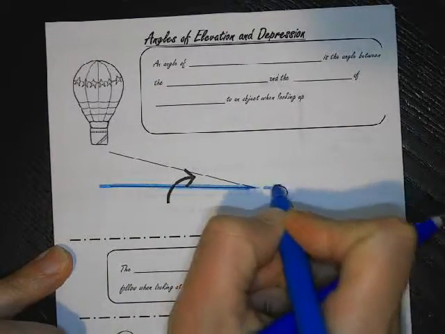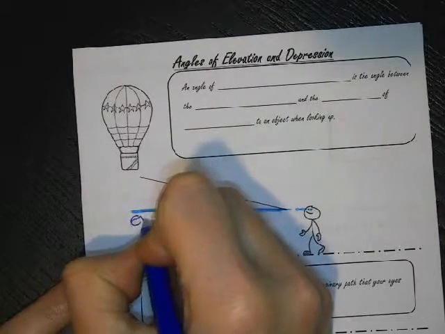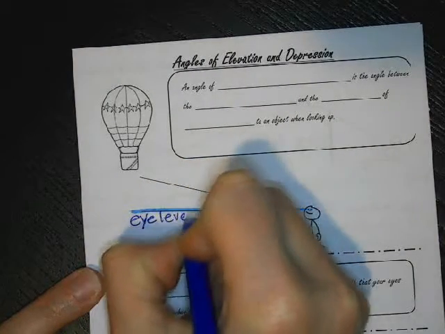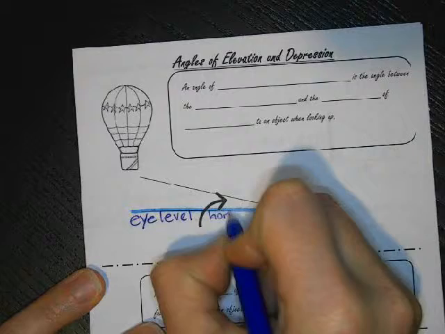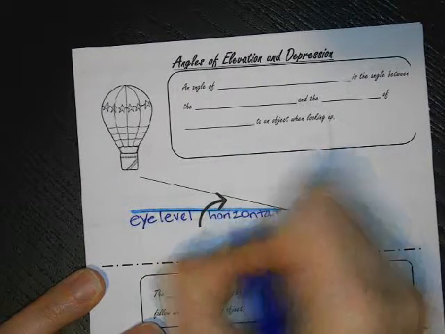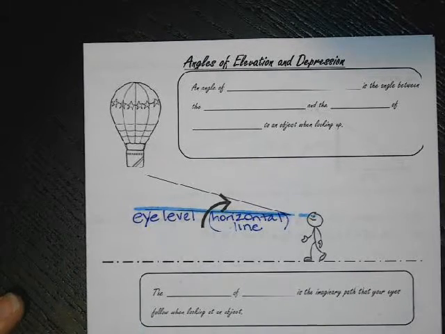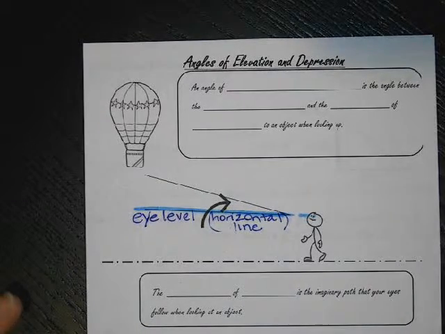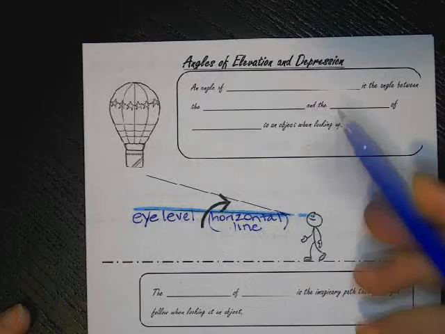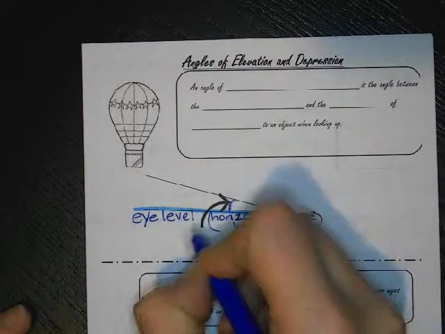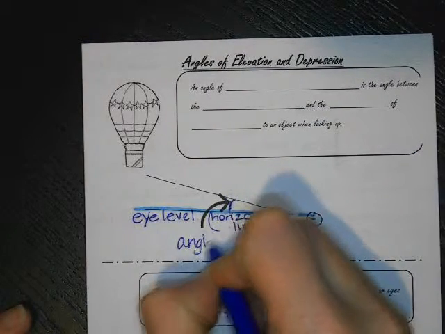This comes from being eye level to our person, okay? So this is eye level, or it's a horizontal line. And that horizontal line is definitely going to be parallel to the ground. And then inside right here, we call this an angle of elevation.